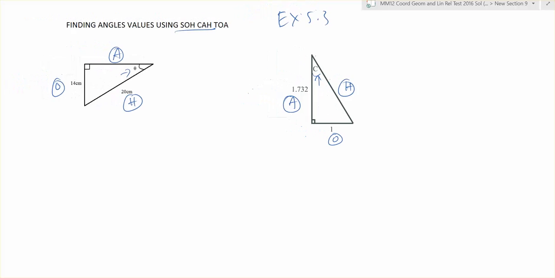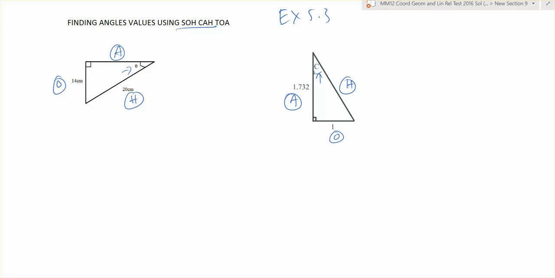Now, for the first triangle, let's figure out what relationship we want. Again, we start with SOHCAHTOA. Now, what do we know? We know the hypotenuse and we know the opposite. And the only ratio that uses opposite and hypotenuse is sine.